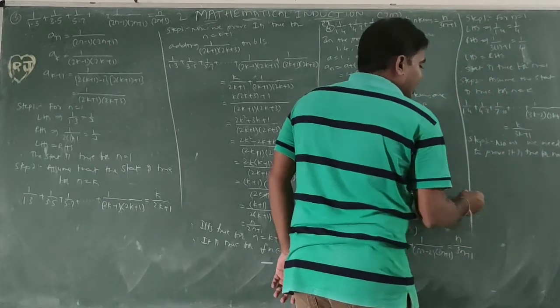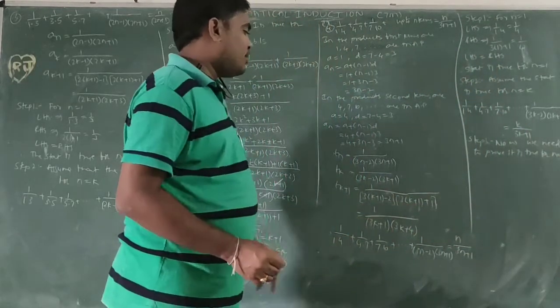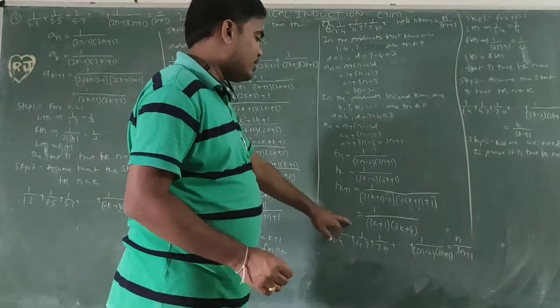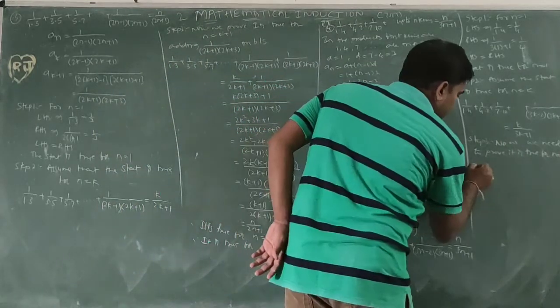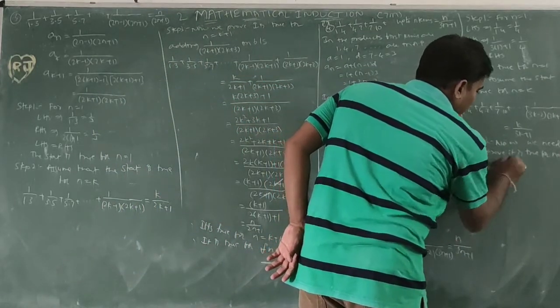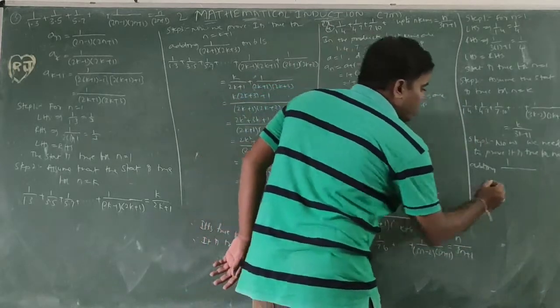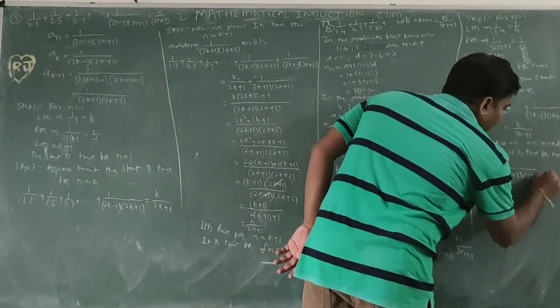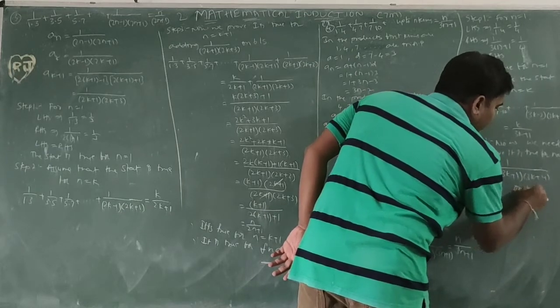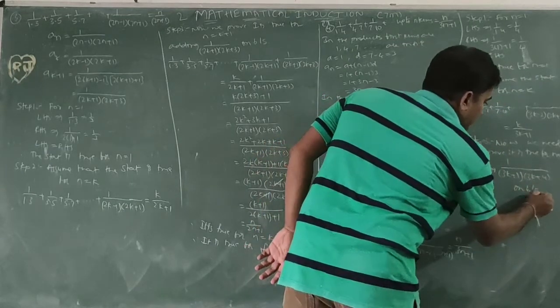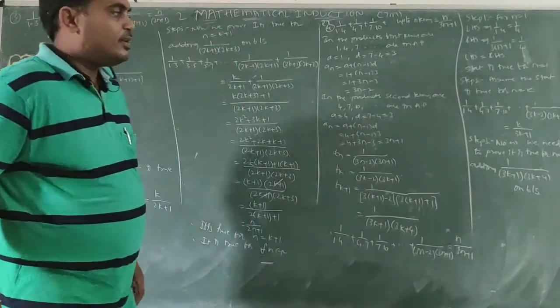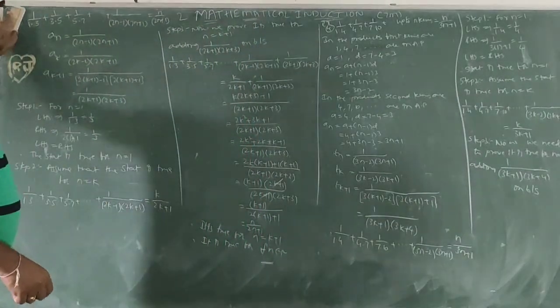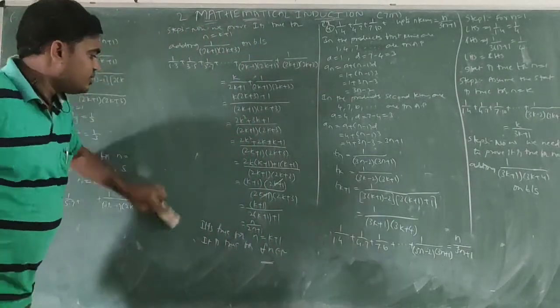For that we add the k plus 1 term, 1 by (3k plus 1)(3k plus 4), on both sides.